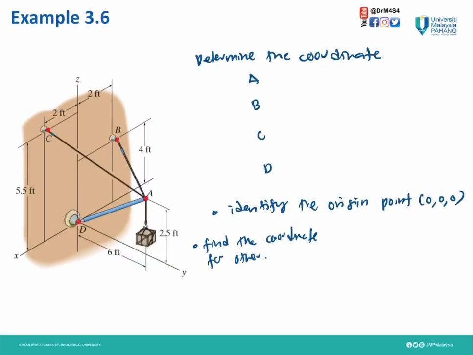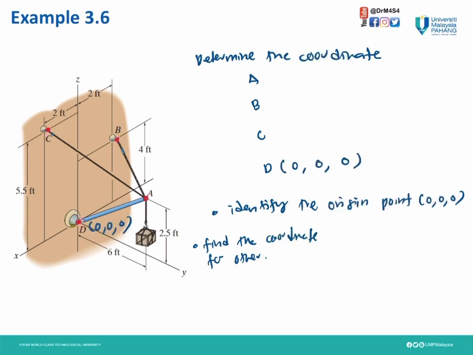Next, we need to determine the coordinates for our positions: point A, point B, point C, and point D. To do that, we need to identify the origin for this system, which is point 0, 0, 0. After that, we are able to identify the coordinates for the others.